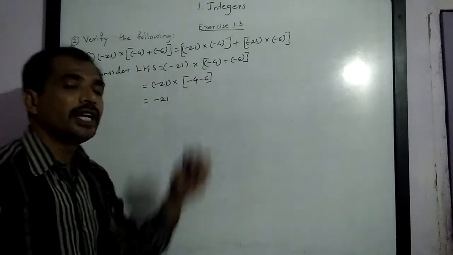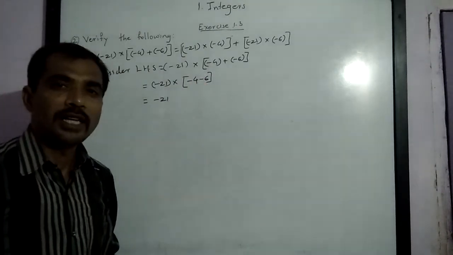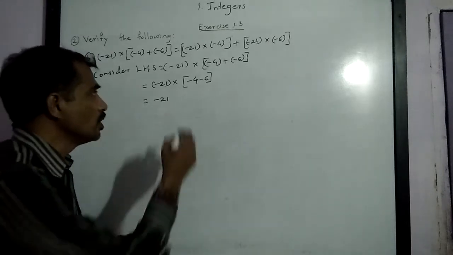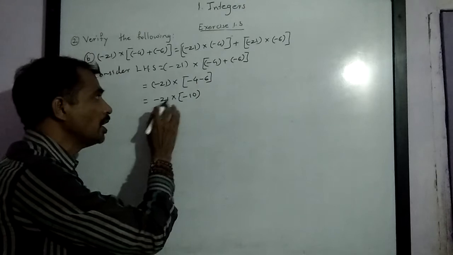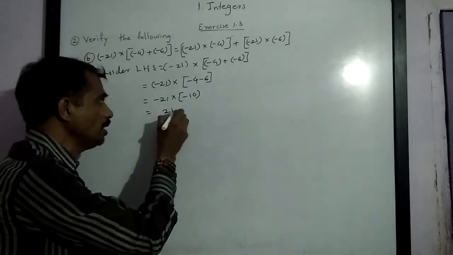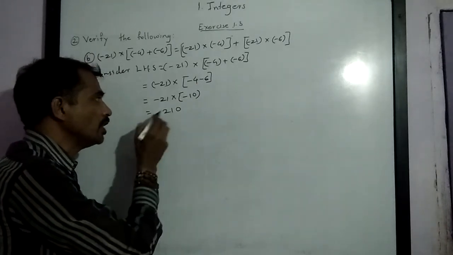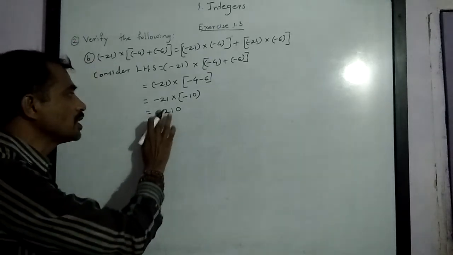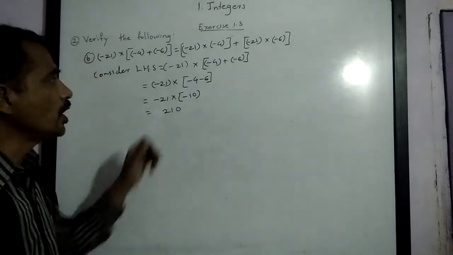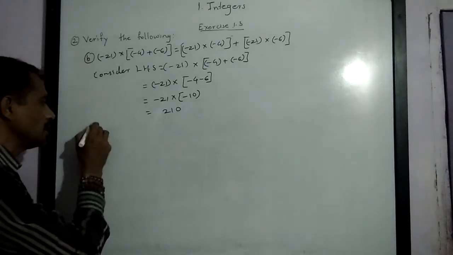Please understand, both the integers have same sign, so we have to add the integers and give their sign. So this is equal to negative 21 multiplied by negative 10. And 21 tens are 210, and negative into negative is positive. No need to give the sign. Even if you don't give the sign, still it is considered as positive. This is 210.